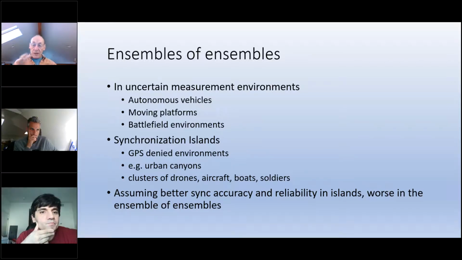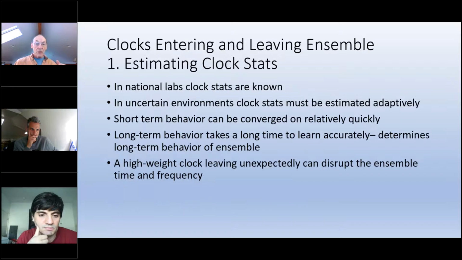So you produce an ensemble where you have a certain reliability and trust of the measurements, but then from one island to another, is there some other kind of algorithm we want to apply to do ensembles of ensembles? And then clocks will enter and leave the ensembles. There are problems with that.